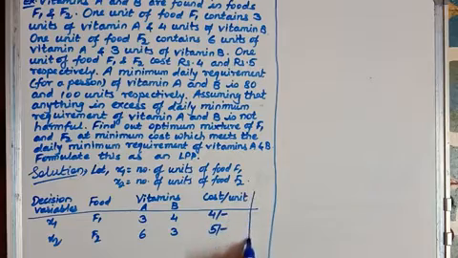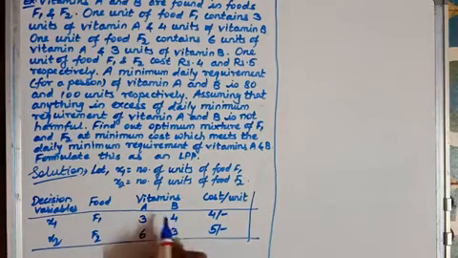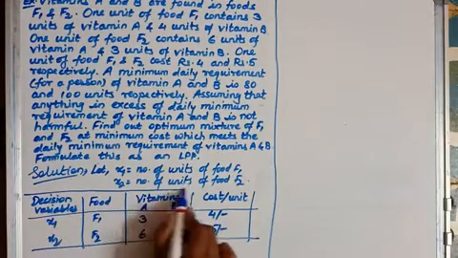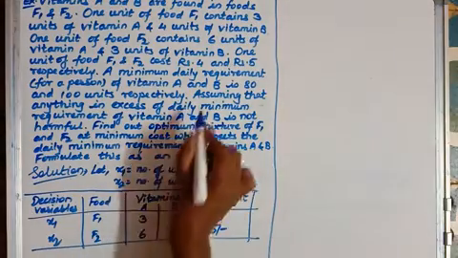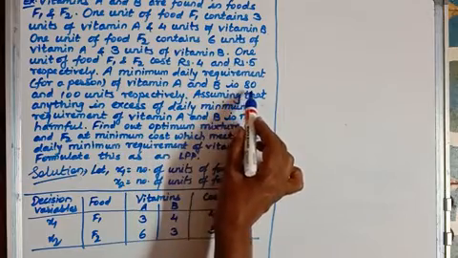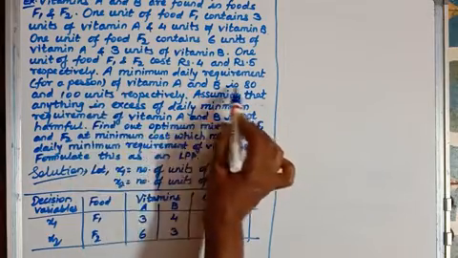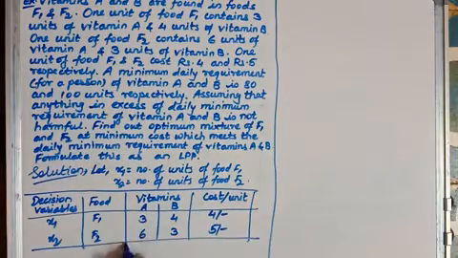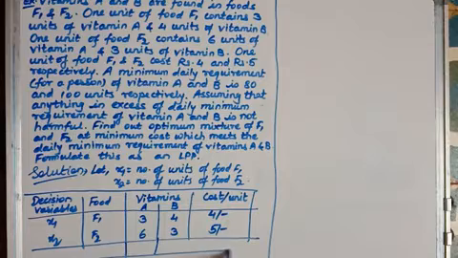Also the condition on vitamins A and B is given to us, that the minimum daily requirement of a person is 80 units of vitamin A and 100 units of vitamin B. Here, 80 is the minimum, and 100 is also the minimum.